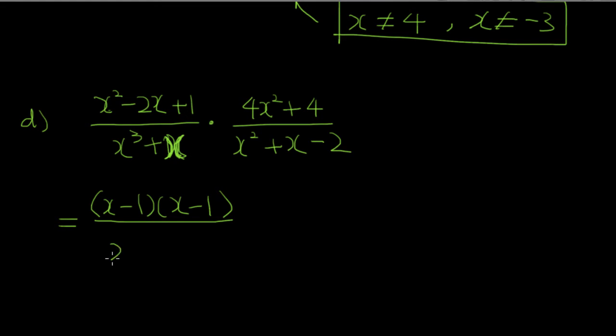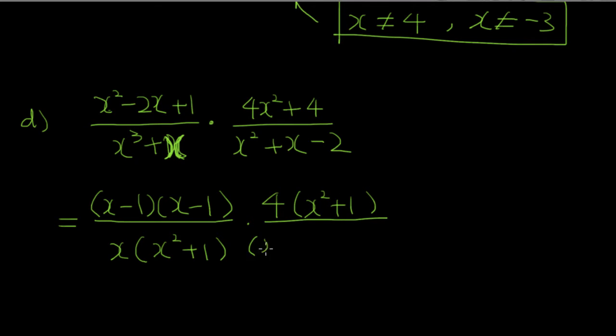This, you can factor x out, then it's x squared plus 1. Let's look at this. You can factor 4 out, then x squared plus 1. This, you can factor like that. Multiply to be -1, add to be 1, so that must be plus 2 minus 1, right?